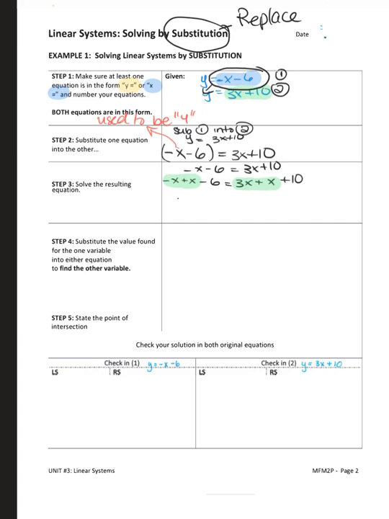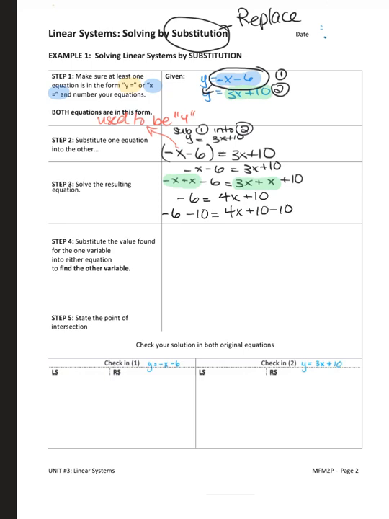Negative x plus x, that just leaves me with negative 6 on this side. 3x plus 1x, that's going to be 4x plus 10. And I want x to be by itself on the right-hand side of the equation. So I'm going to look at this and I say, what's happening here with this 10? Well, I'm adding 10 on the right-hand side. To get rid of adding, I'm going to subtract. So I'm going to subtract 10 from both sides of the equation.